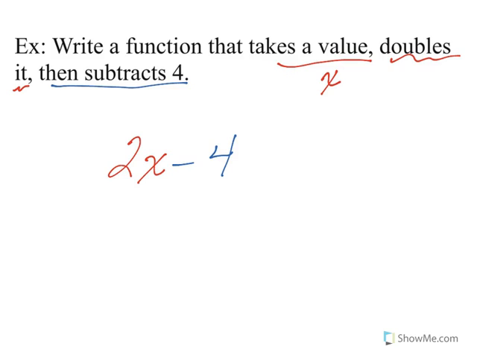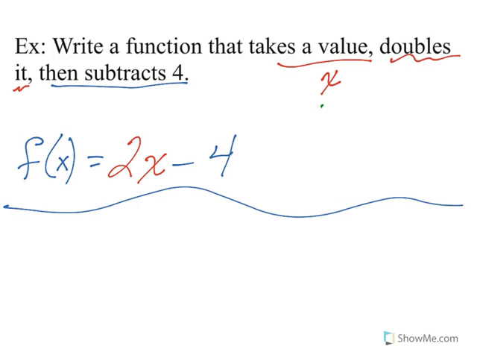So the value of x, doubled it, subtract 4, and that is a function of our value x. Now, if we would have said that our value was m, that's great. Then we would have f of m equals 2m minus 4. Same thing. So it doesn't really matter what our variable is, that's just our input variable.